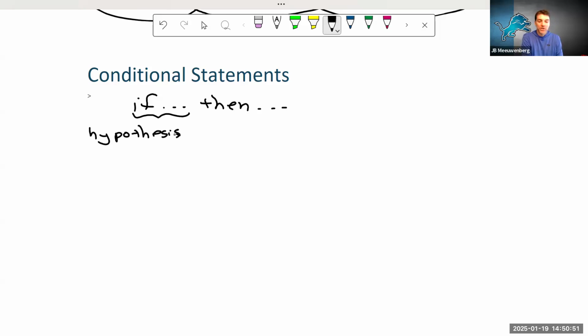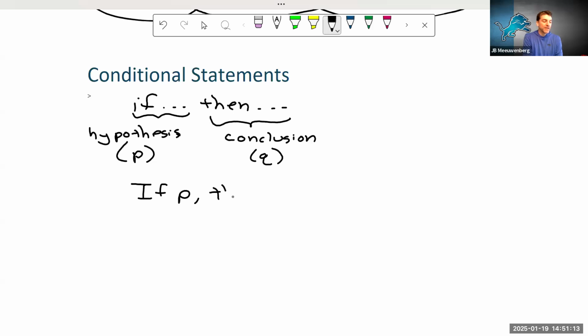And in a moment, I'm going to show you that we also give it the letter P. The then part of the statement is what we call the conclusion. And that's represented by the letter Q. So we often say, if P, then Q. If P happens, then Q happens. This is a conditional statement.